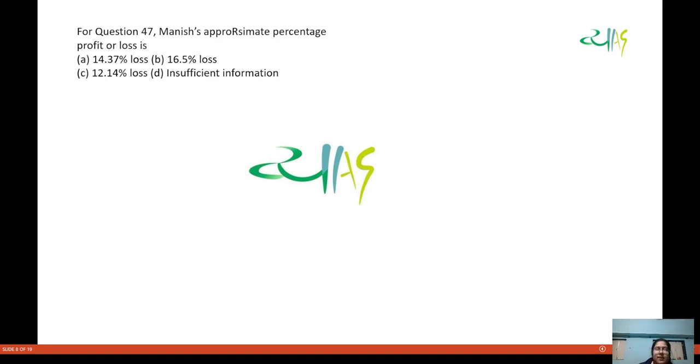Now they are asking for the approximate percentage profit or loss. So we know 48,500 rupees was his loss. Now what is the cost price?